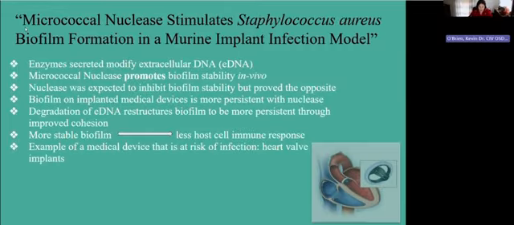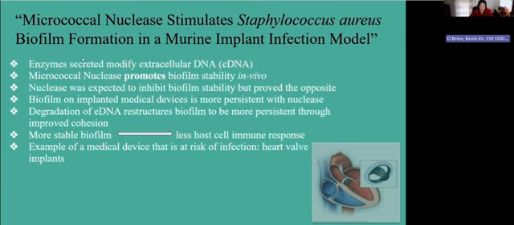And this was the next journal that I did, on micrococcal nuclease, and it stimulates Staphylococcus aureus biofilm formation in a murine implant infection model. Enzymes secreted modify extracellular DNA, and this extracellular DNA is responsible for a lot of the structure and stability associated with the biofilm.